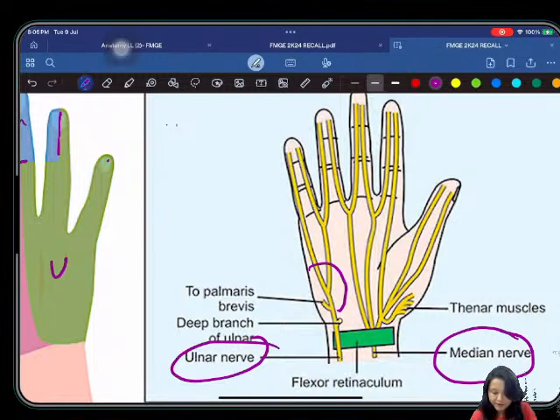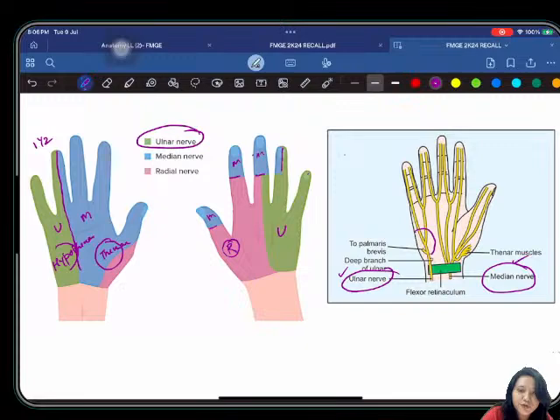You can ask in the chat, whether you attempted the correct answer or even the wrong answer. So you have seen that the hypothenar muscles are supplied by the ulnar nerve and the thenar muscles are supplied by the median nerve. It can be observed by seeing the cutaneous nerve supply.